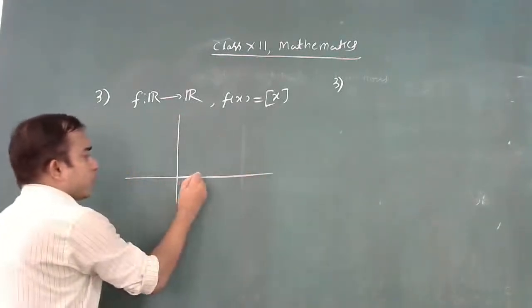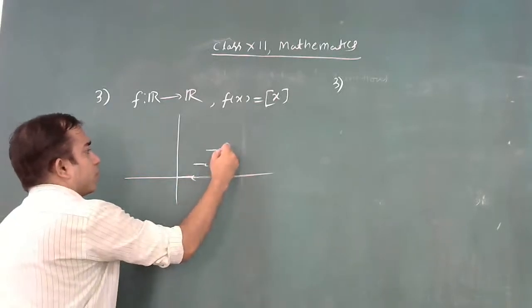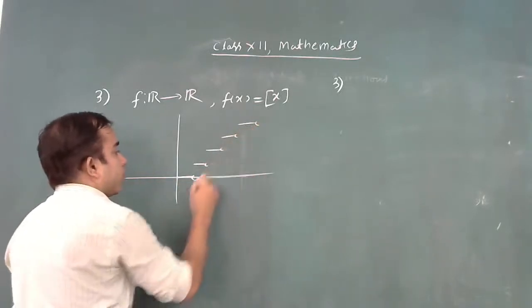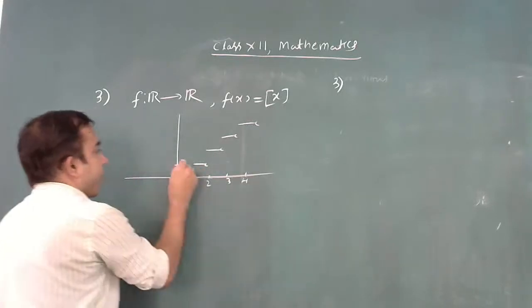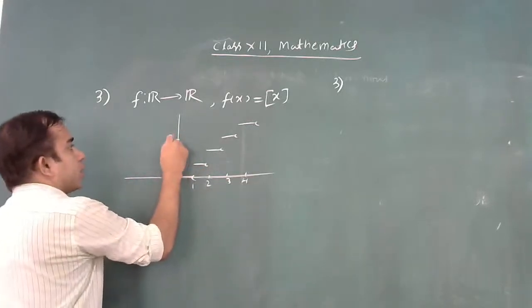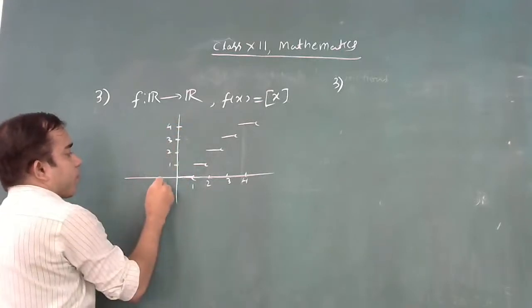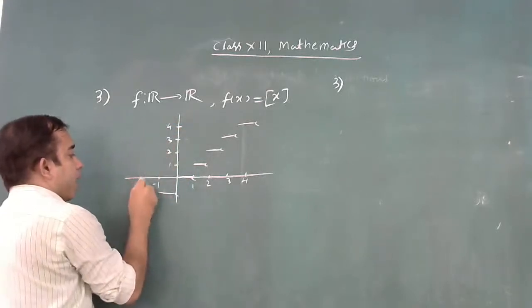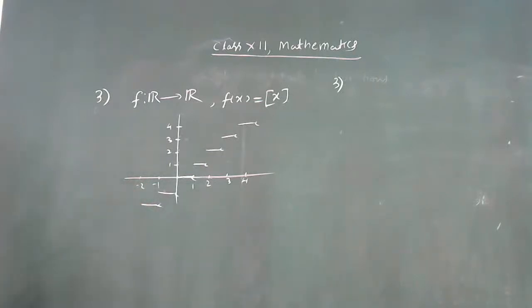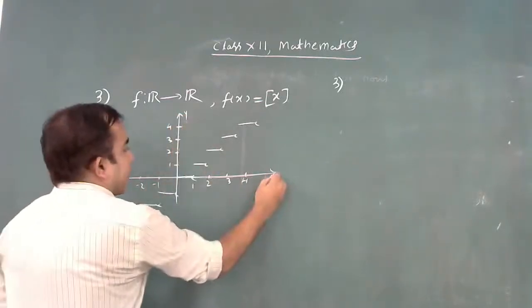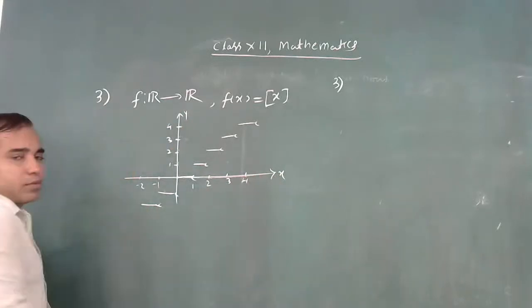This step function की बोलते हैं। This is the graph. This is the graph, okay? This is the graph, and now you check and decide whether it is 1-1 or not.